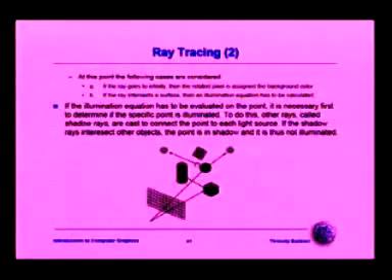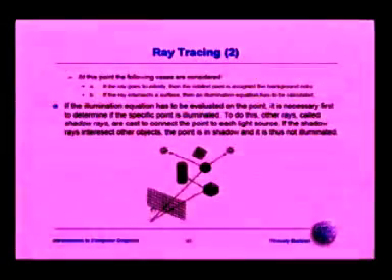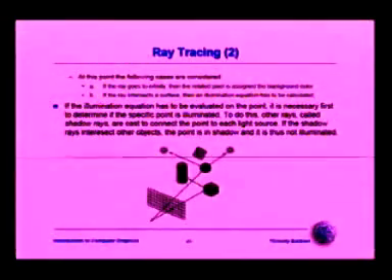It's called backward because it does the opposite of what really happens in nature. In nature, light starts from the light source, hits an object, and part of the light is absorbed, part is reflected and arrives into the center of projection, which is my viewer. This quantity of light which arrives at my viewer contributes to the color I see.